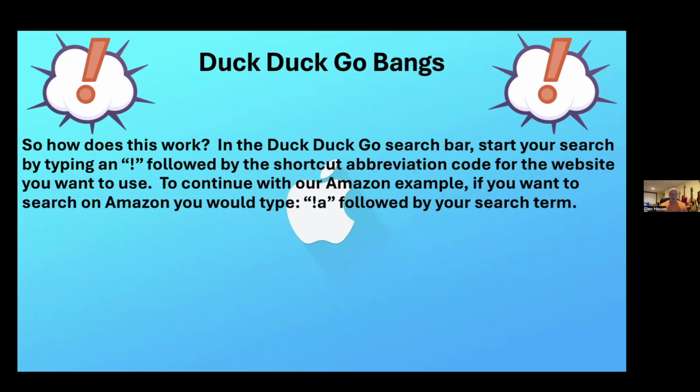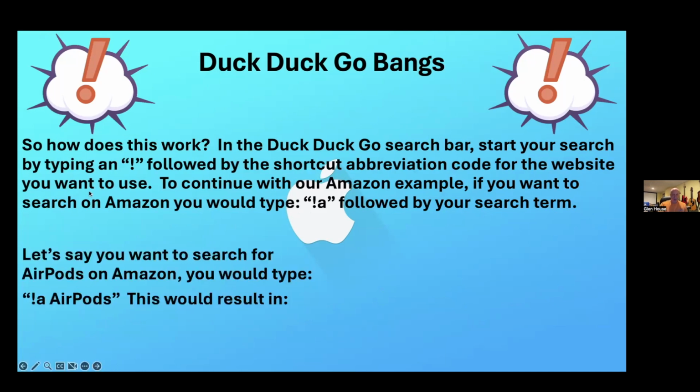In your search bar, you have to start with an exclamation point. This is saying I'm doing a bang. Then there's an abbreviation code for the website you want to use. In my example with Amazon, if you want to do a search on Amazon, you type exclamation point A followed by your search term.